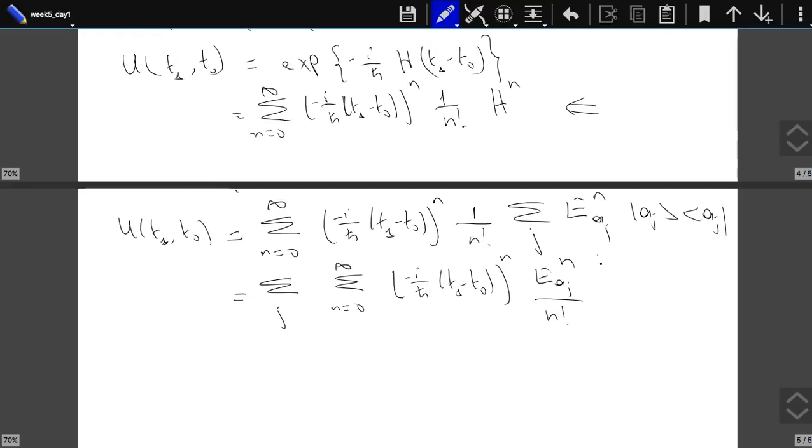Let's do an example. Suppose we have this Hamiltonian. Let's say it is minus mu dot B. Mu being the magnetic dipole moment corresponding to spin, B is the magnetic field. And I will assume that B is constant in the z direction.